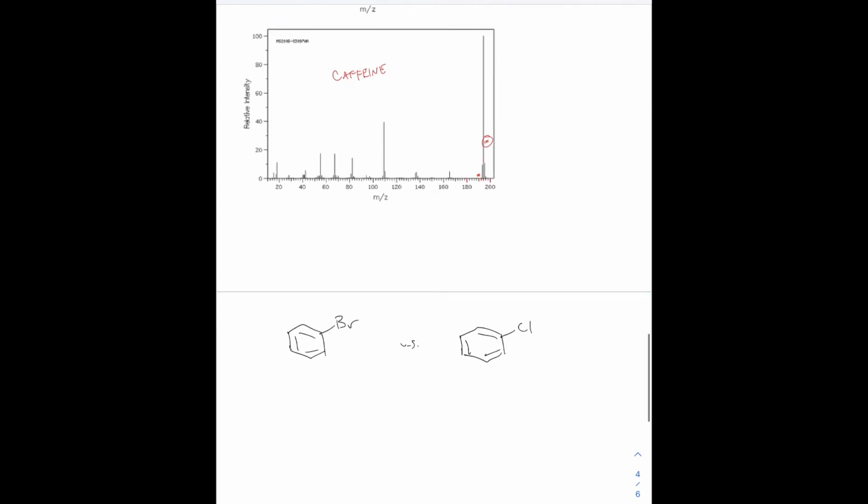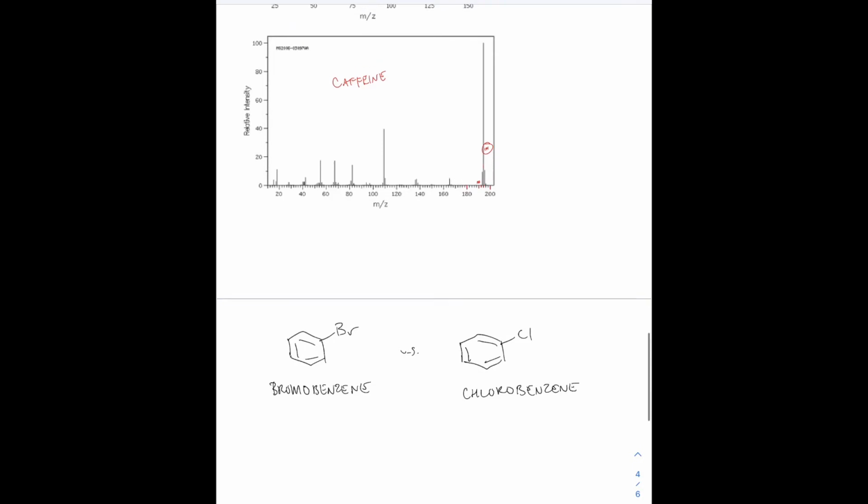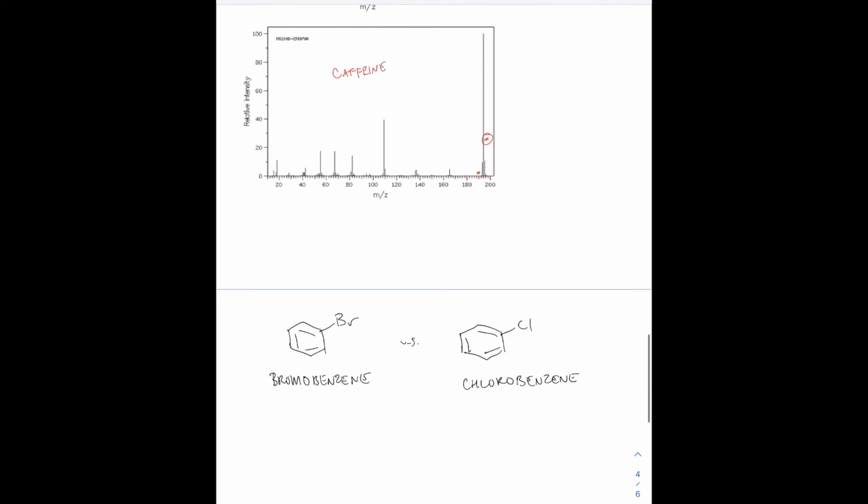Okay, so this is bromobenzene. It's a benzene ring with the bromine on it. Fancy naming, right? So this is, you guessed it, chlorobenzene. Okay, so I got some mass specs underneath here.